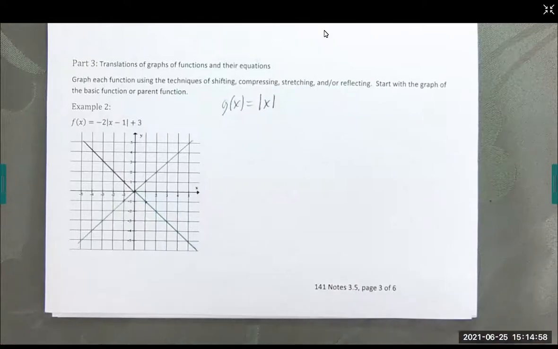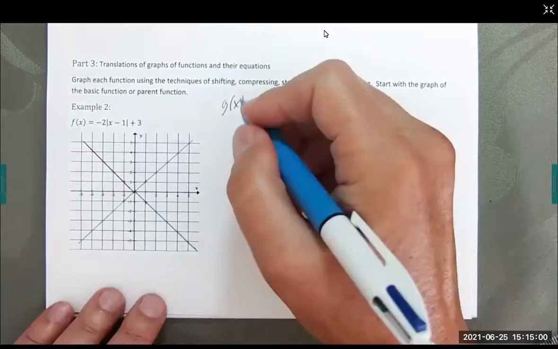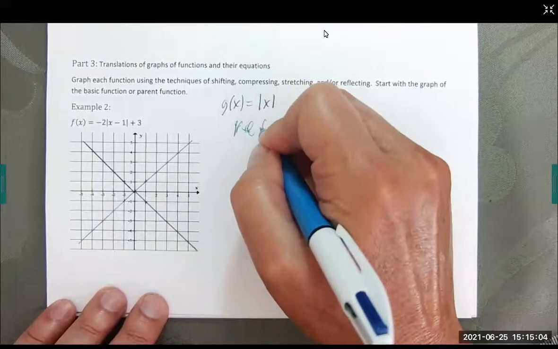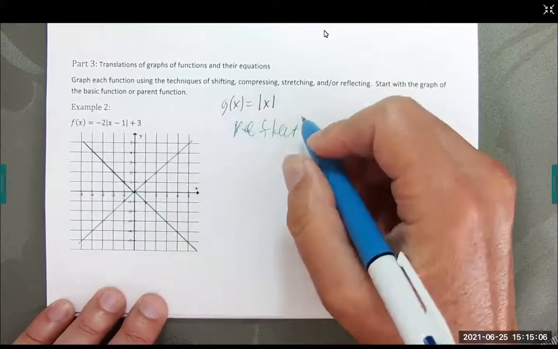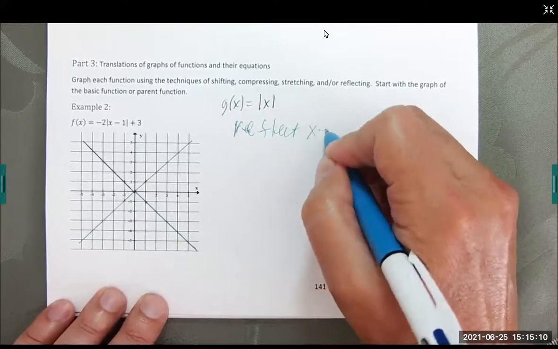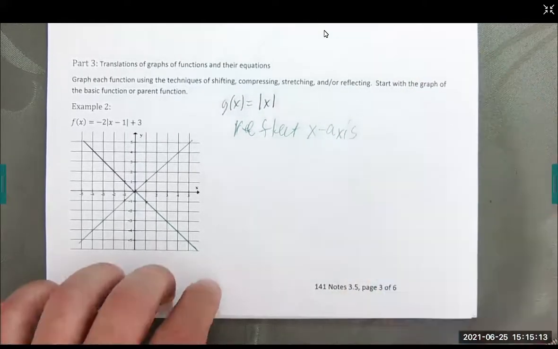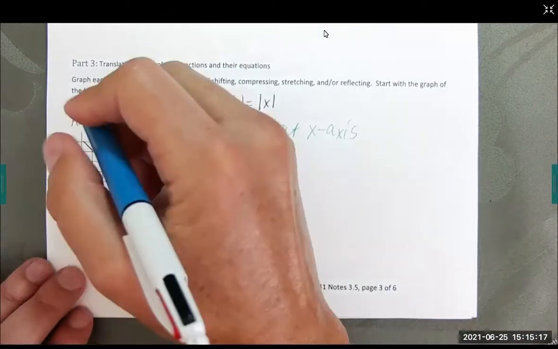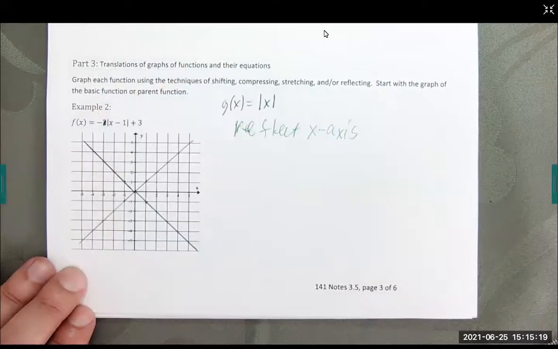So there's the reflect. Reflect the x-axis. We're going to move that 2 for now.